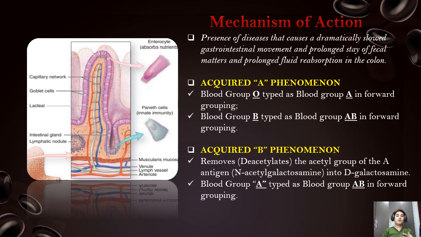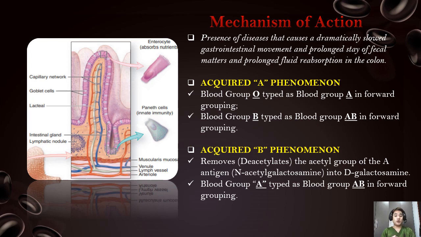Now, when a disease or infection is present, like in carcinoma, intestinal obstruction, or heavy infections, it will alter the physiologic movement or motility of your intestines, and it will result in the undigested fecal matter and waste substances staying longer in your colon than in your normal physiology.